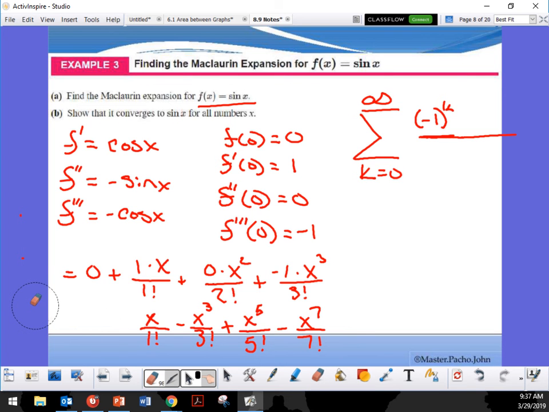Let's get rid of the zeros out of there first. So negative 1 to the k plus 1. If I'm starting k at 0, plug in k, you get 0 plus 1, which is negative 1 to the 1, right? So negative 1 to the 1 is going to give me a negative. So is my first term negative? No, it's not.